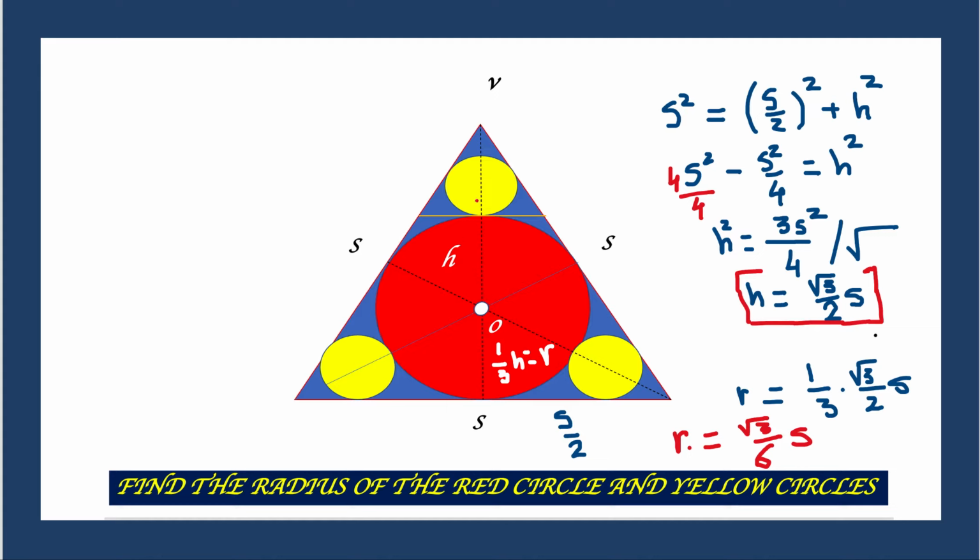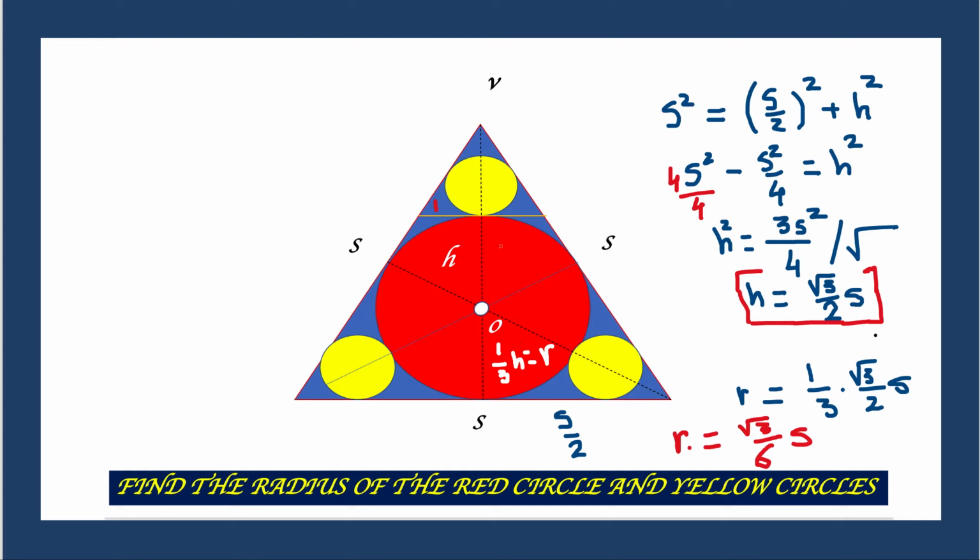But for the yellow circle, if we look here now, we can make a small triangle on the top, where the yellow circle is. This angle here and this angle here are going to be the same because they are corresponding angles, since this horizontal line is parallel with the base.